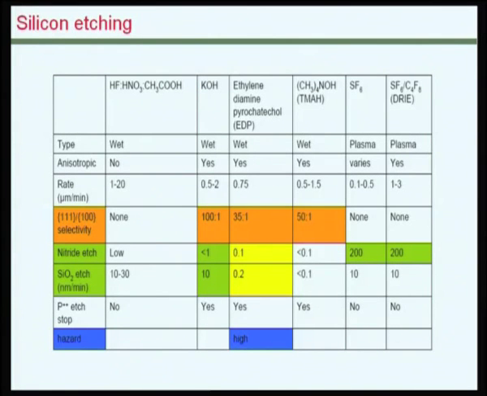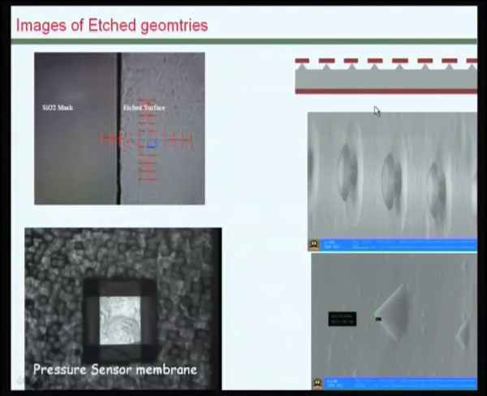So, as I mentioned previously, based on the etch conditions, the etch speeds, and also the directionality, the suitable chemicals can be identified for building geometries.